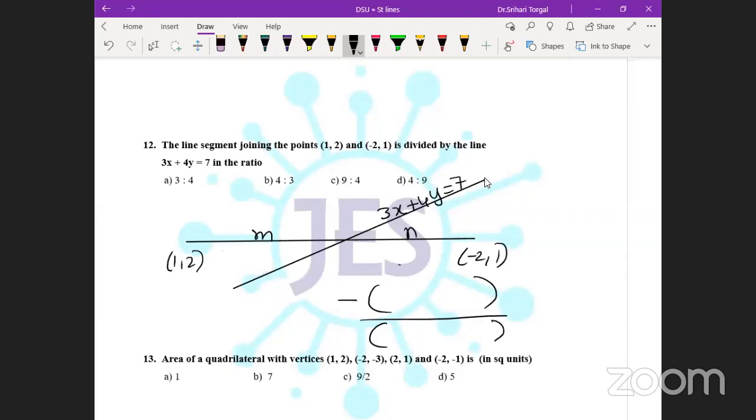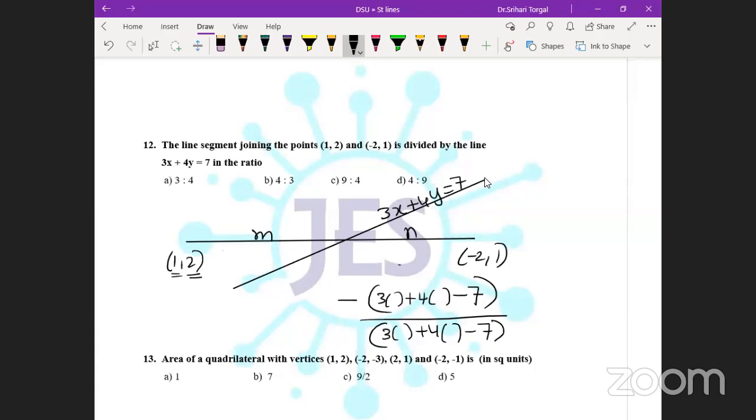After that you write the equation of a line, but don't write any x and y coordinates. Like this. Take the equation of a line, but don't write any x and y. And replace that x value by 1 and y value by 2 in the numerator.